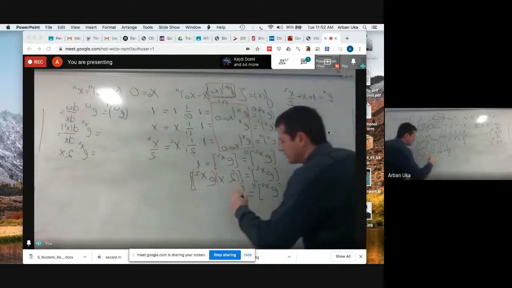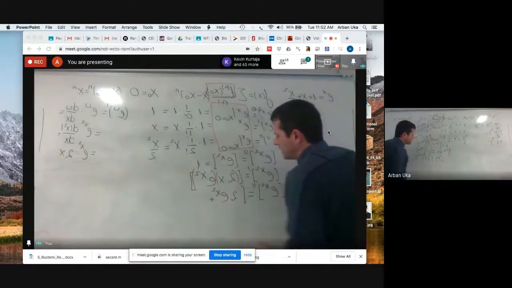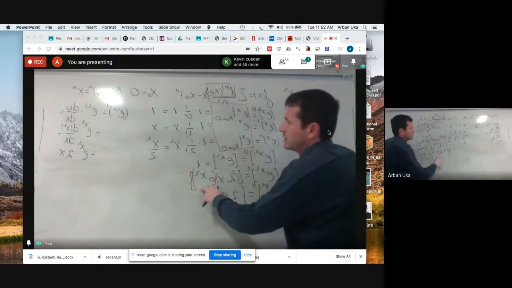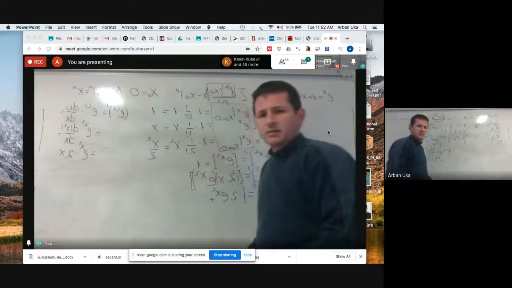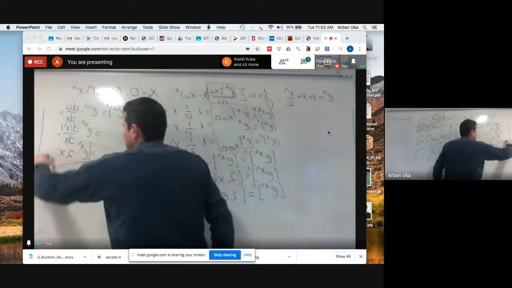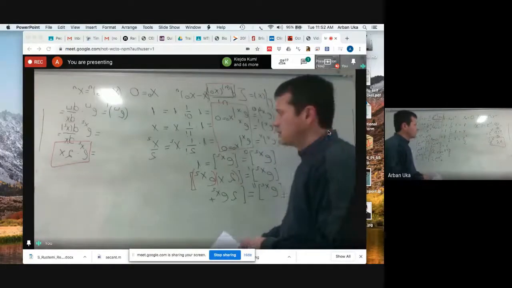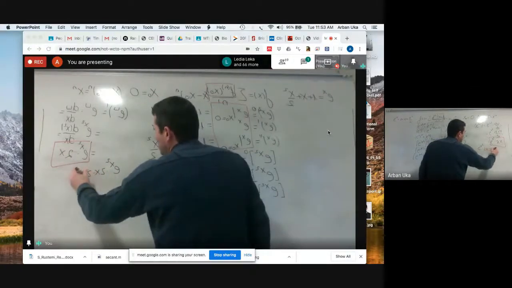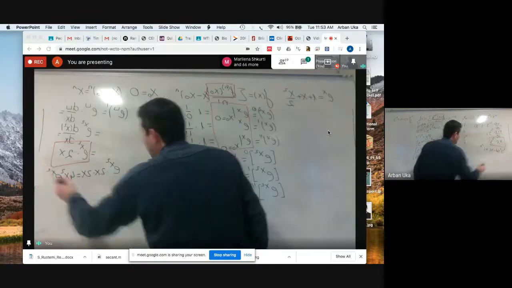The derivative of 2x is 2 times e to the power x squared, plus 2x times the derivative of e to the power x squared. The derivative of e to the power x squared was this function here in red. We multiply it by 2x. So this e to the power x squared times 2x times another 2x is equal to 4x squared e to the power x squared, okay?